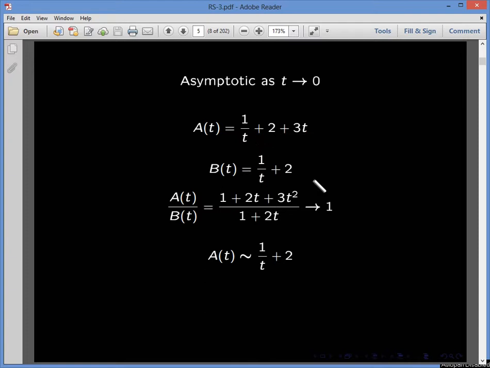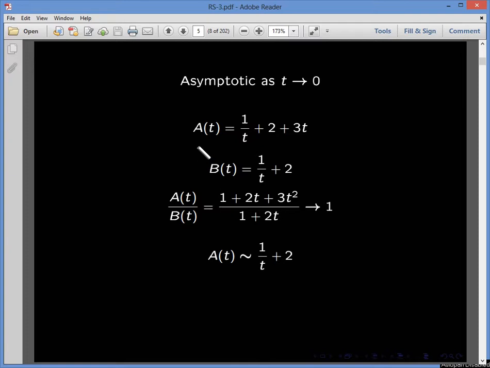After you multiply by t, you get this polynomial: 1 plus 2t plus 3t squared. If you multiply t here, then you get 1 plus 2t. As t approaches 0, the extra terms approach 0, leaving 1. So the quotient a(t) divided by b(t) becomes almost the same, and we say a(t) is asymptotically equal to the target 1 over t plus 2.